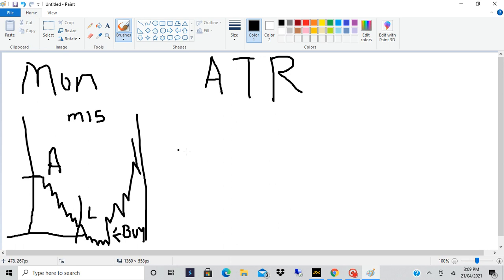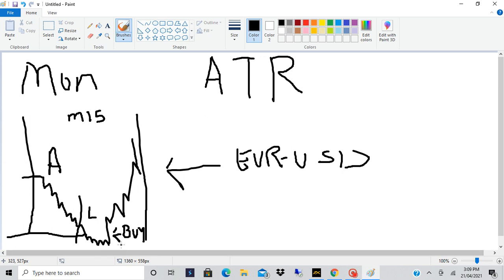Now let's say this currency pair is the EUR/USD, the euro versus the US dollar. And I'm taking a buy here because I saw a particular pattern that I like to trade, maybe a W pattern.